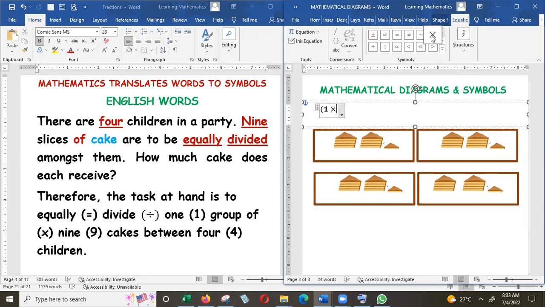One group of 9, one group of 9 divided amongst 4. See that? That's the symbolic translation of this sentence there. One group of 9 divided amongst 4.